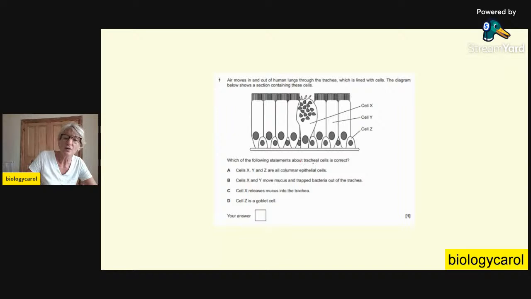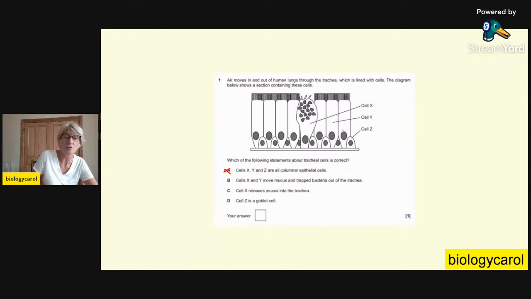Anyway, back to the question. What following statements about tracheal cells are correct? These are all columnar epithelial cells. They're absolutely not, because these ones look nothing like columns, and neither does cell Z. Cell Z and cell X are not columnar. So that is not correct. Cells X and Y move mucus and trap bacteria out of the trachea.